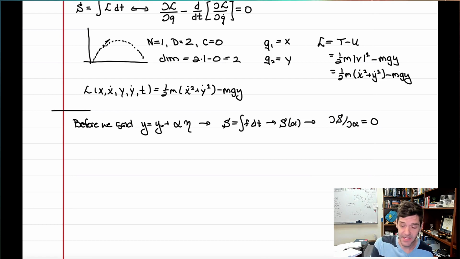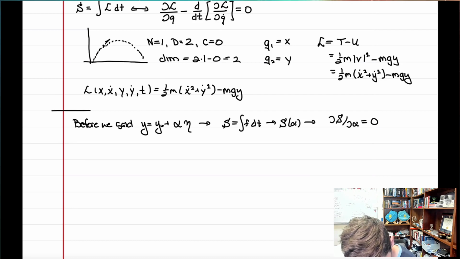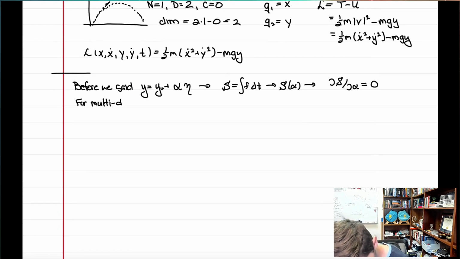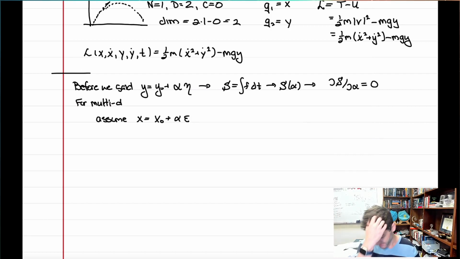We can apply the same argument when there are multiple dimensions. So for multi-d, I'll do it for the problem above, and you'll see how it generalizes. Assume that x can be written as some true path that it takes in the x direction, x naught, plus alpha times epsilon.